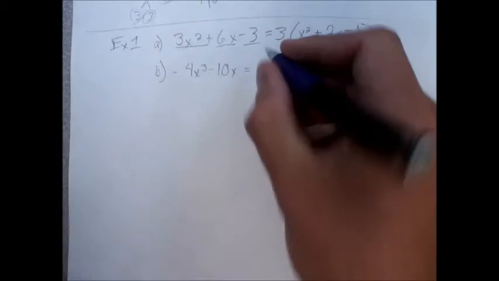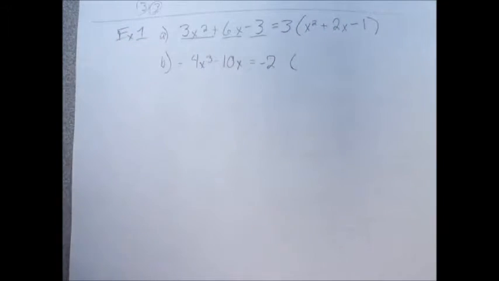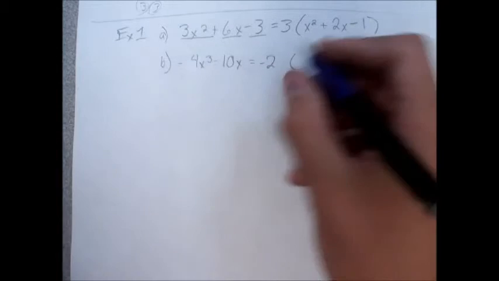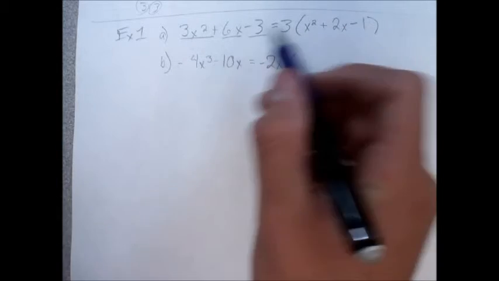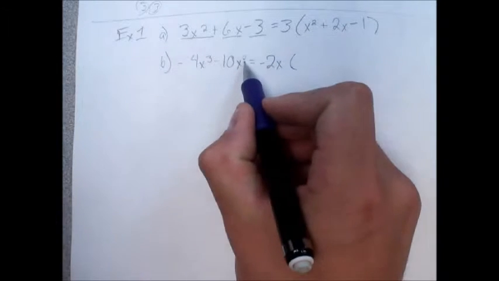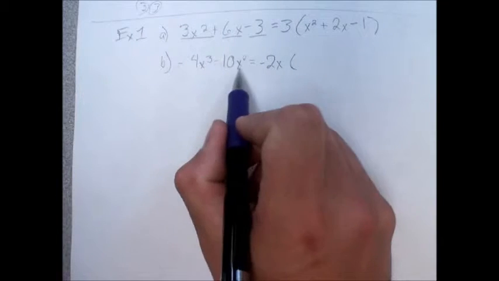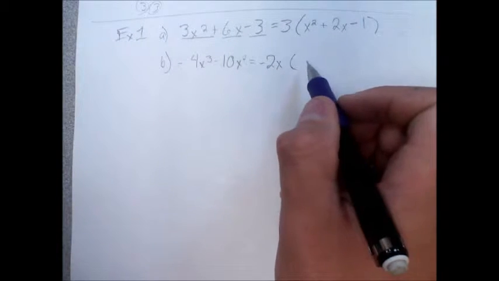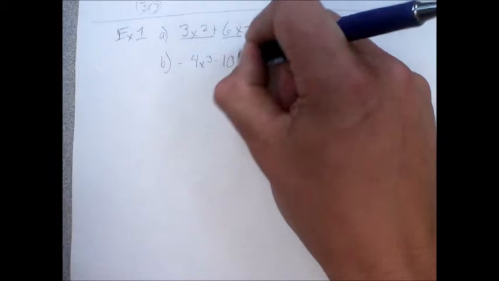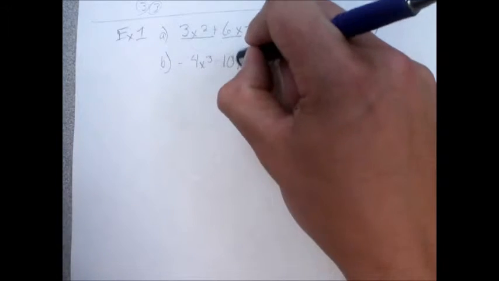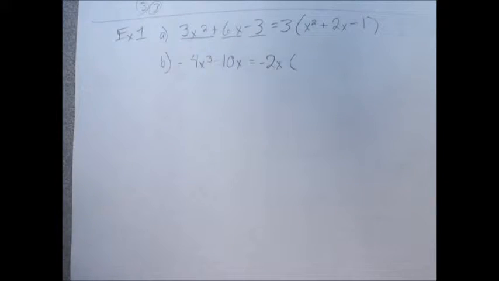Okay. So we have a negative 2. Is there any other common factors? X, right? There's an x in this one and an x in that one. Now, as an example, if this was x squared right here, my greatest common factor would have been negative 2x squared. Okay. I'll take the smallest one. But since it's just x, we're at negative 2x.